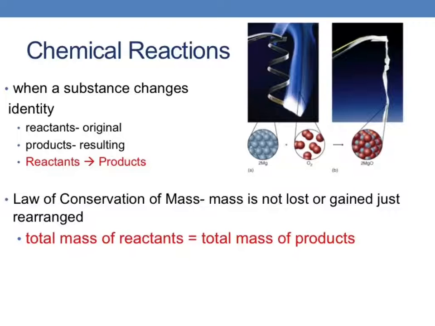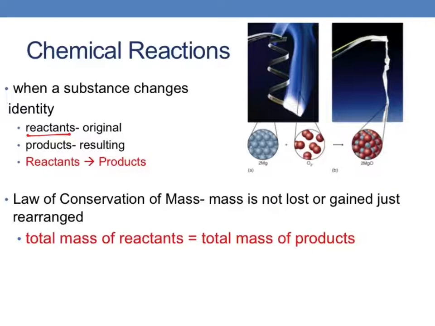All right, so a chemical reaction is when a substance changes its identity. The substance that changes its identity, the ones that we're going to start out with, is called a reactant. I'm going to go and bake a cake. So what ingredients do I need to make that cake? I need some eggs, some flour, some sugar, some baking soda, baking powder, all the stuff. Those are my reactants.